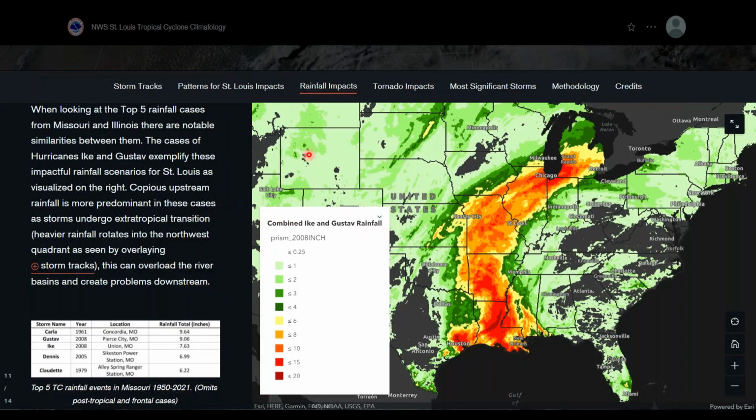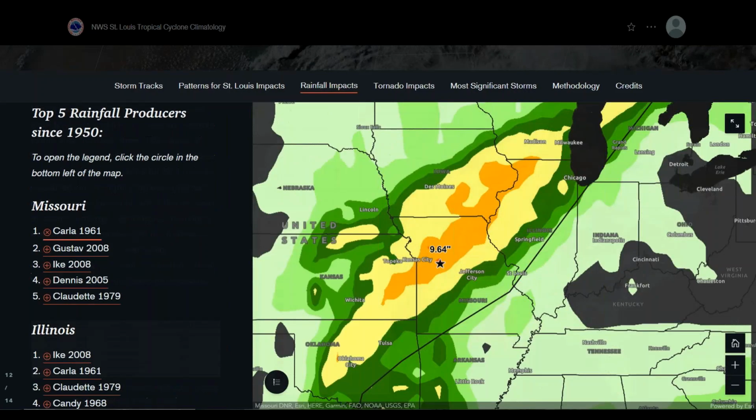That being said, too, this page wanted to look at the top five rainfall cases for both the states of Missouri and Illinois, given the fact that our CWA is basically right on the border of both states. And so, I wanted to be able to visualize each of these top 5 rainfall producers.